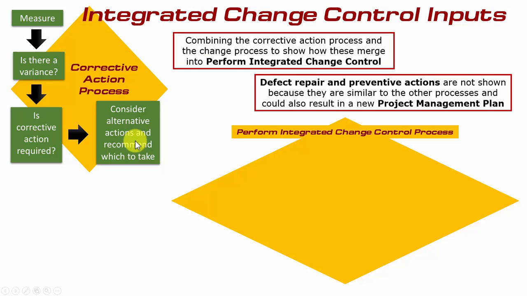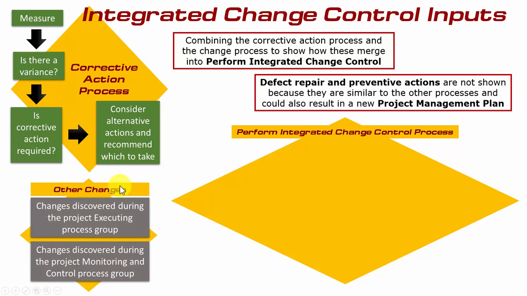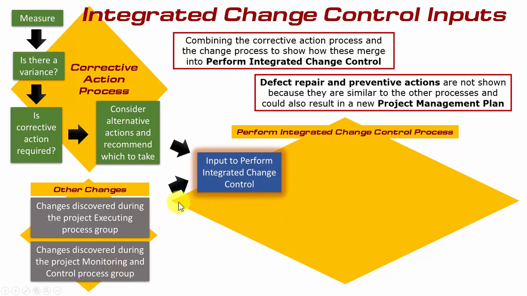to take. Other changes to consider here might be changes discovered during the project executing process group. That, of course, is where you're giving out the work and creating the products, or changes discovered during the project monitoring and control process group. These are all input to the Perform Integrated Change Control process.